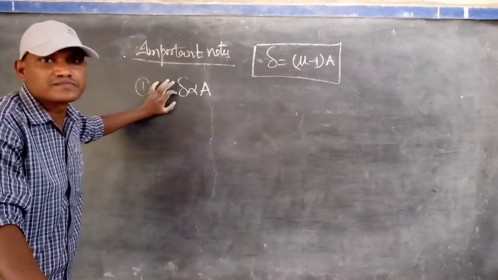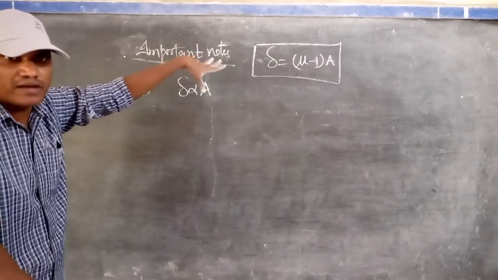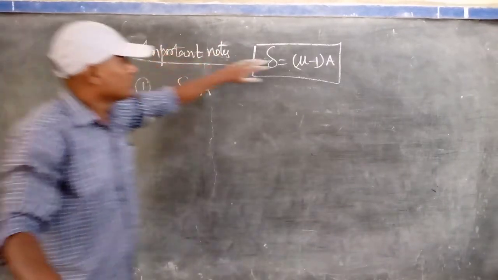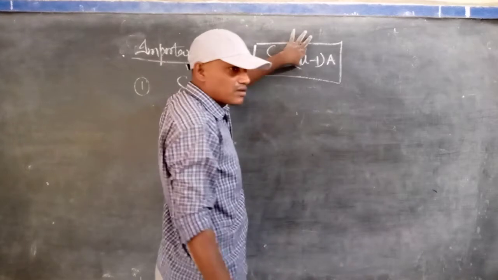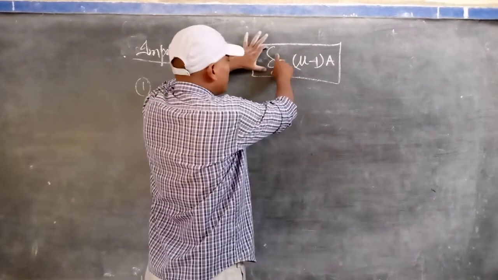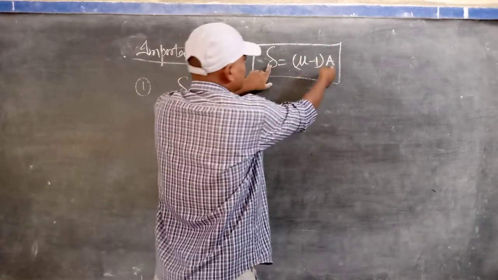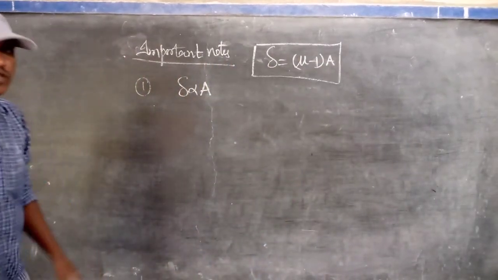Listen very carefully. For a given constant pair of media, mu is constant. That's why A is there. So what will happen here? We are observing that the deviation angle is directly proportional to the angle of the prism.